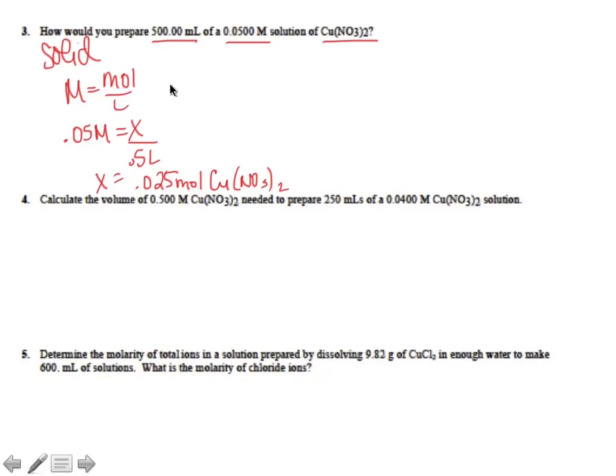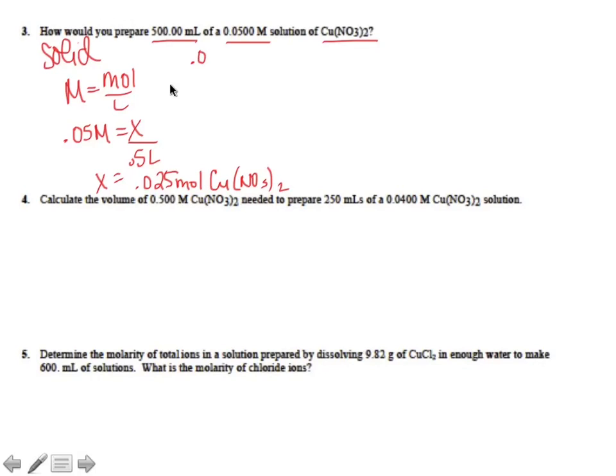All right, I'm going to go back there, and it's not going to tell me in moles. When I get my little bottles of my powder, it doesn't come in moles. I need to convert these moles to what? Grams.